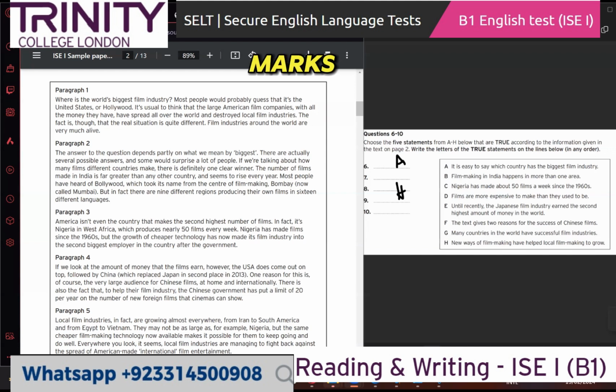You got 2 marks already, and now what I write is H. The text gives 2 reasons for the success of Chinese films. No, but F is true, because they have given us 2 reasons.